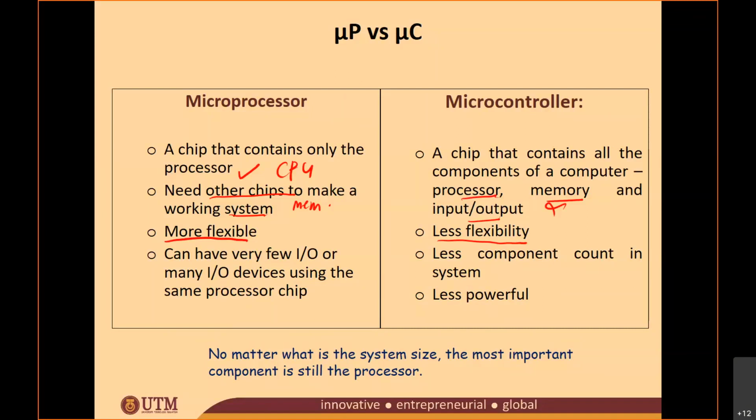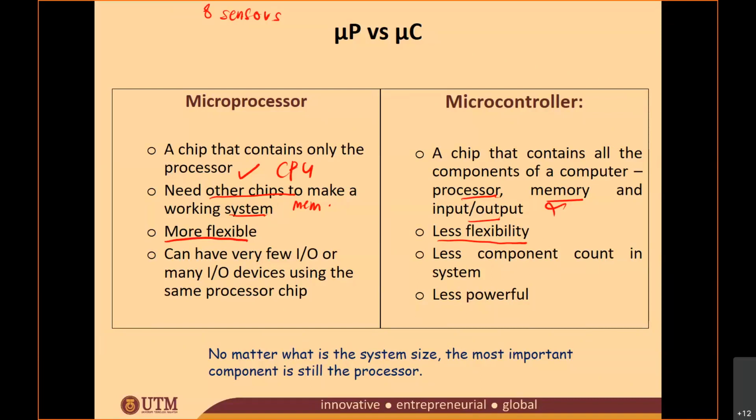Okay, kenapa yang ni more flexible and this one less flexibility? Okay, contoh kamu ada satu projek. You have one project. You're going to design a system. That system requires you to have 8 sensors. Kamu kena sambung sistem kamu kepada 8 sensors.